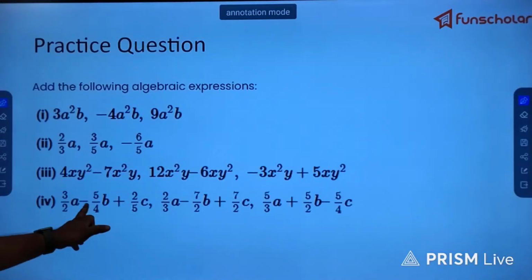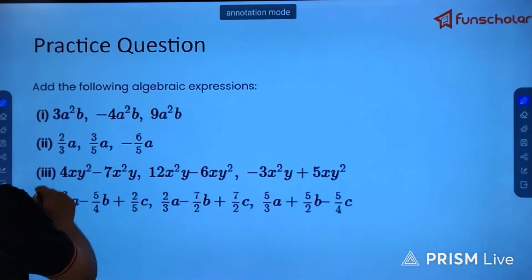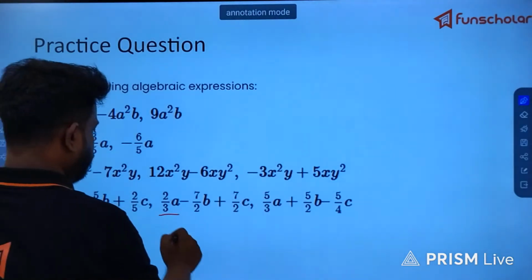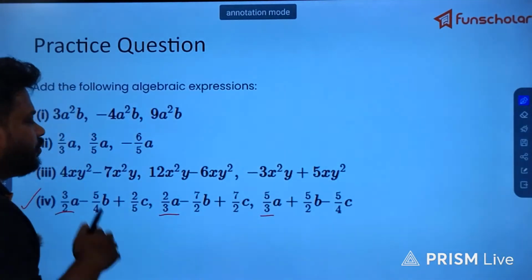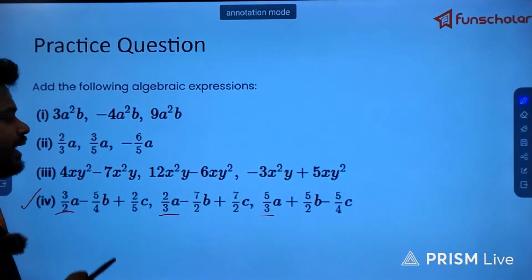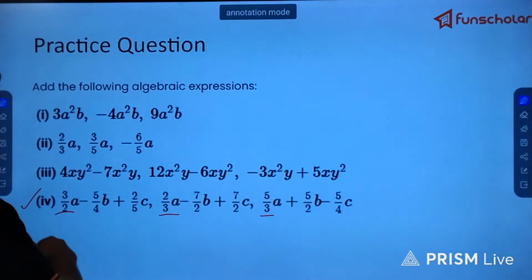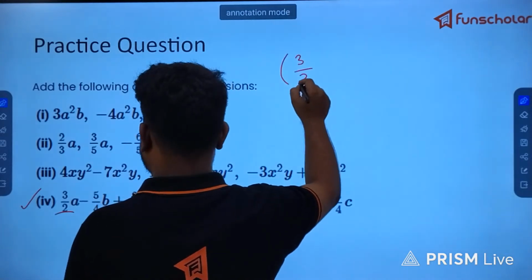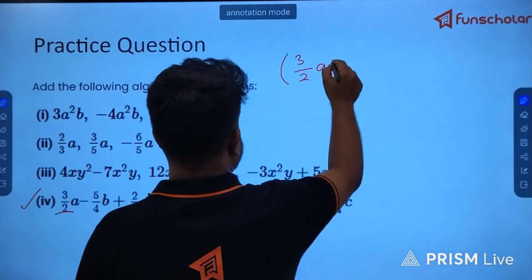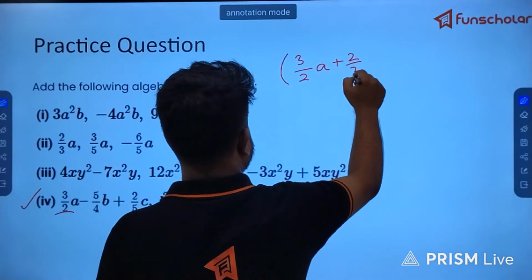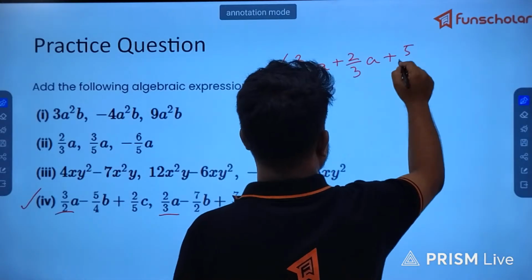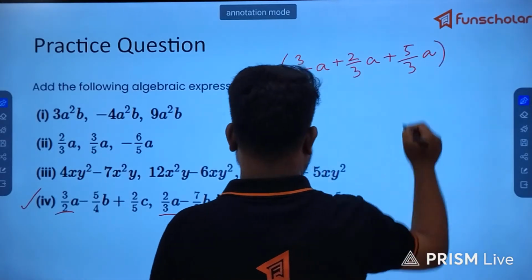Okay, now do number 4. We have 1, 2, 3 terms having a as the variable. So combine them, so it will be 3 by 2 a plus 2 by 3 a plus 5 by 3 a.